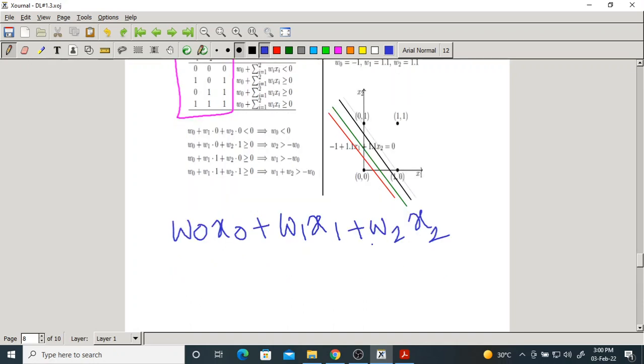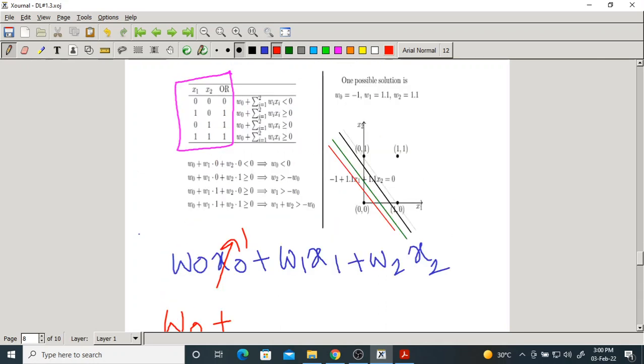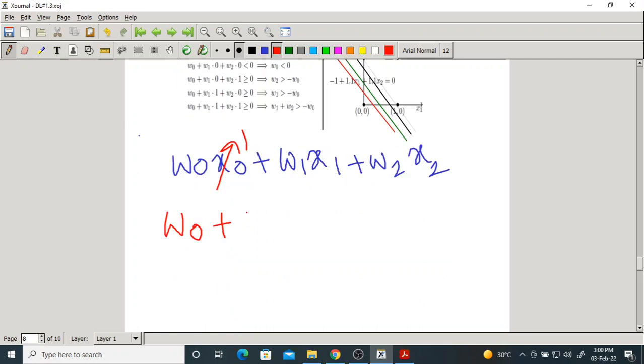Simply, here what is the n value? n equal to 2, two inputs. Now here, X0 is always 1, so we are left with W0 plus W1 into X1 plus W2 into X2.